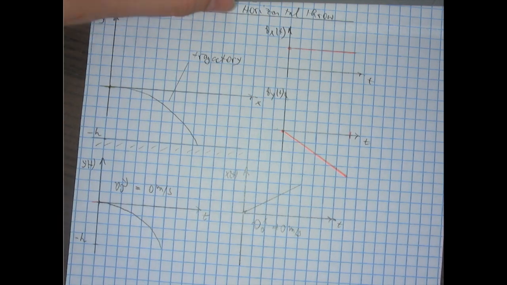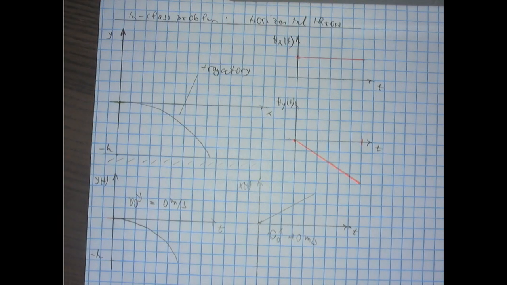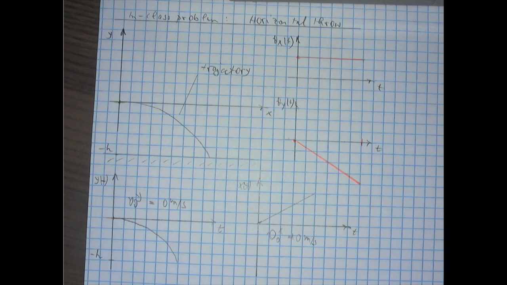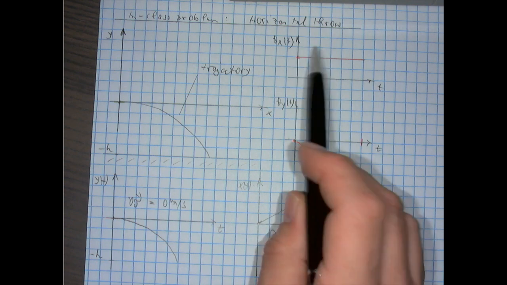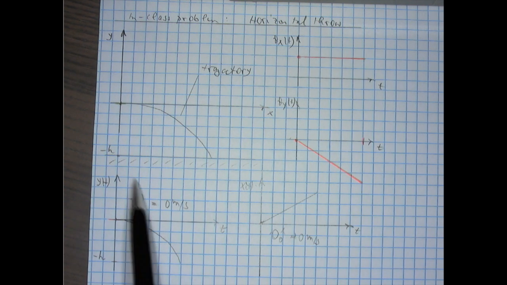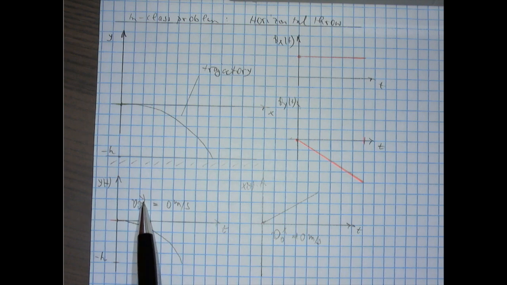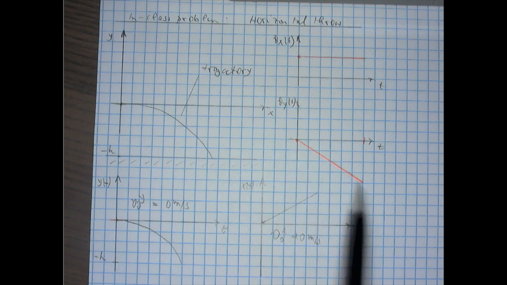Okay, so you see I have not written down a single equation here. I've only reflected on the general behavior of these two independent motions in the x and the y direction. In the x direction, no acceleration, location varies linearly in time, constant velocity. In the y direction, no initial velocity. We expect a parabola downward, negative acceleration, velocity increases out of 0, linearly in time.